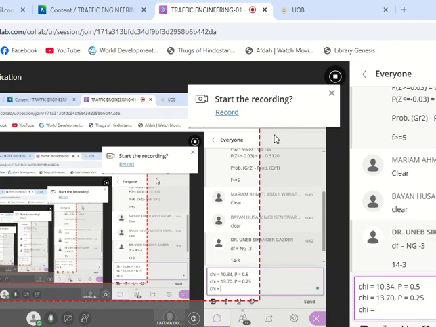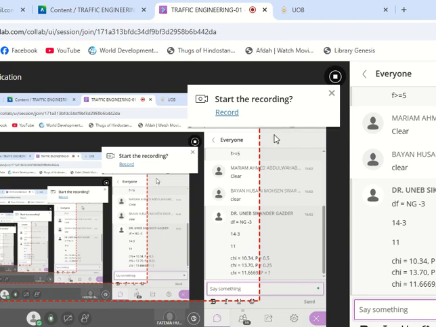When chi is 11.669, this is my value. What is the P? Tell me. What is the P value here?